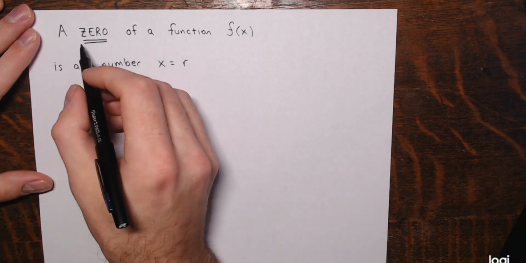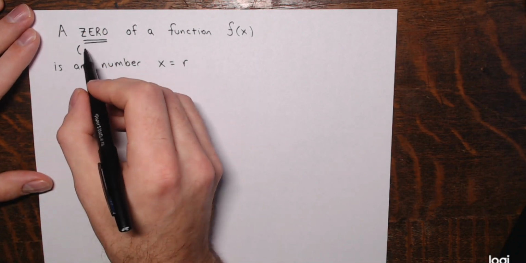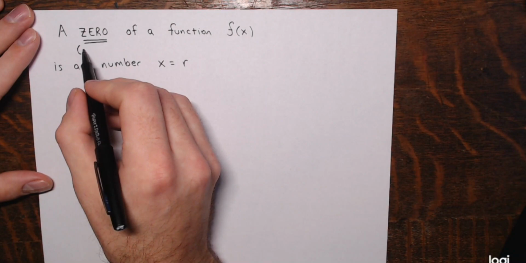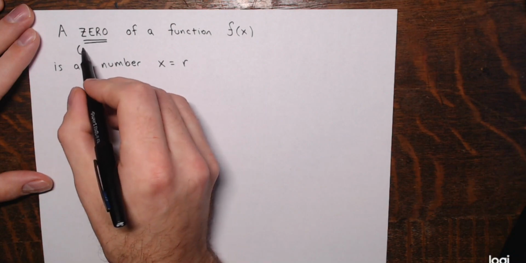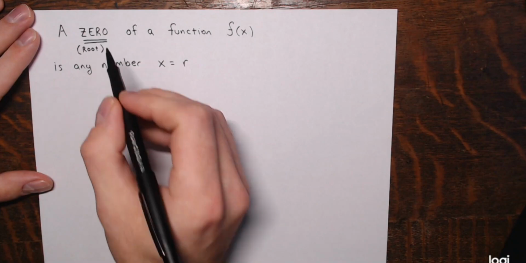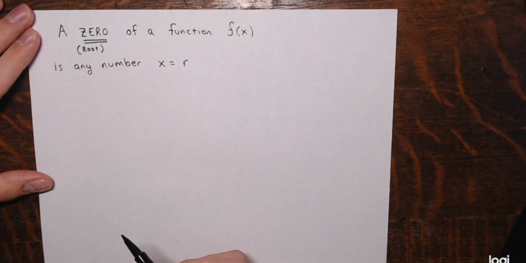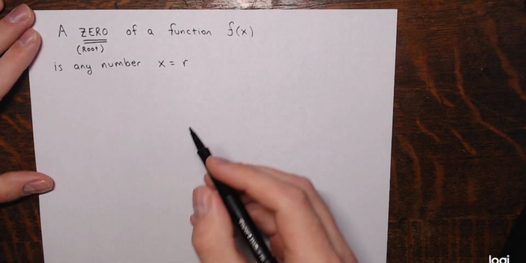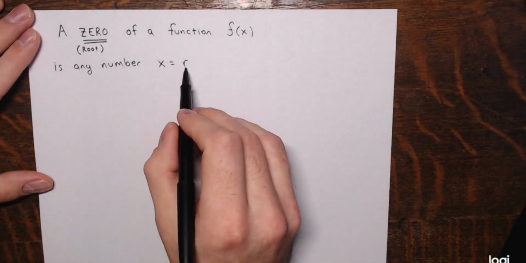Sometimes in other texts, I don't know about this one, but other books, zeros are called roots. So a zero of a function or a root of a function. That's why I'm using the letter r here.